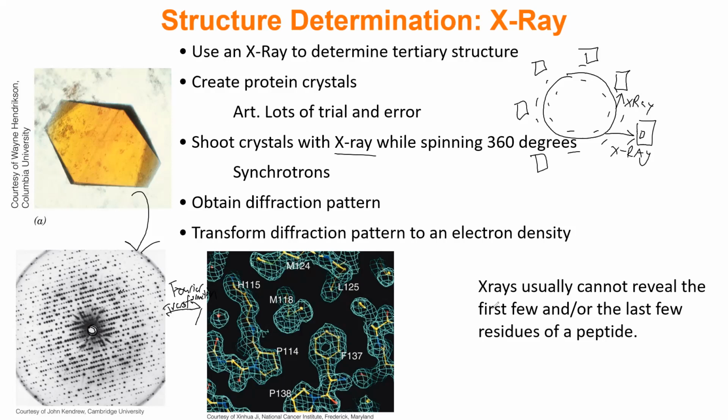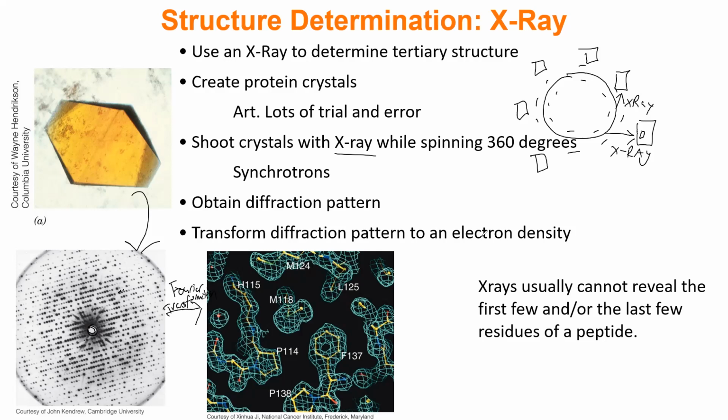However, this technique is not good for the first few or last residues of a protein because the first and last few residues are highly flexible. And for most proteins, the first and last, like, I don't know, 5 amino acids move around a lot. They just do in liquid. They're like little strings that just move around.